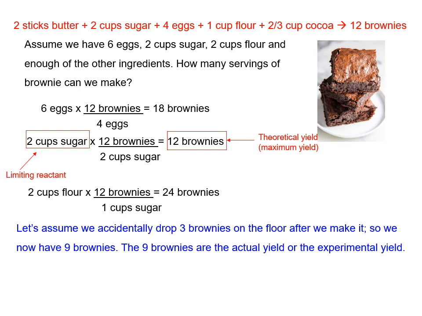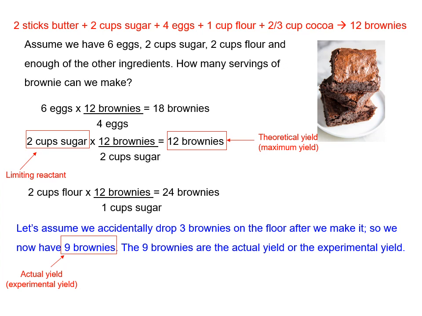So we have now only 9 brownies left. The 9 brownies represent our actual yield or our experimental yield. The actual or experimental yield is the amount you actually get after you cook or bake or make your product in the laboratory.